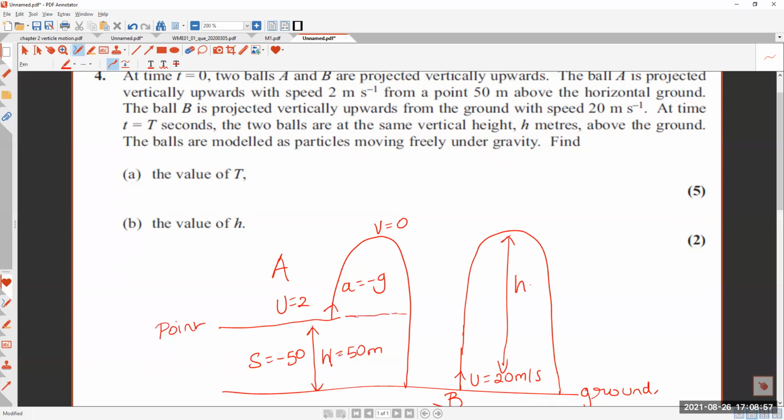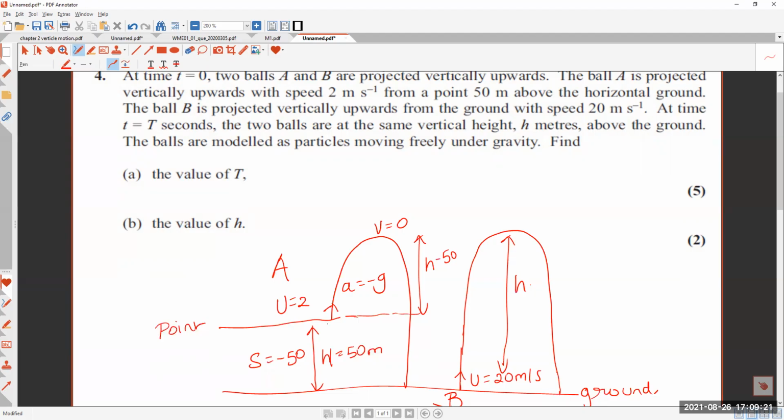For A, the maximum height it went is h minus 50. And for B, the maximum height from the ground is small h. Clear?